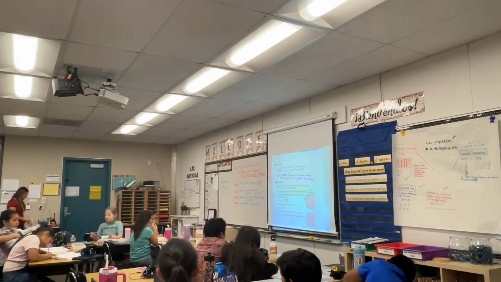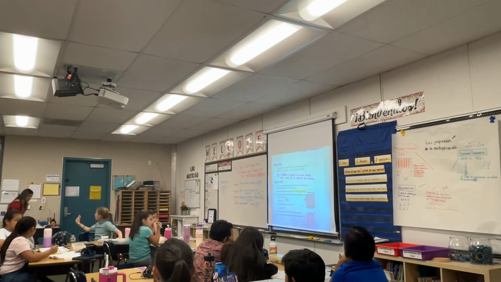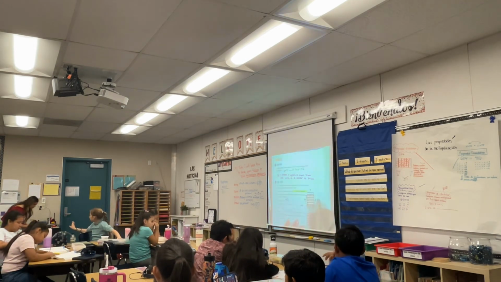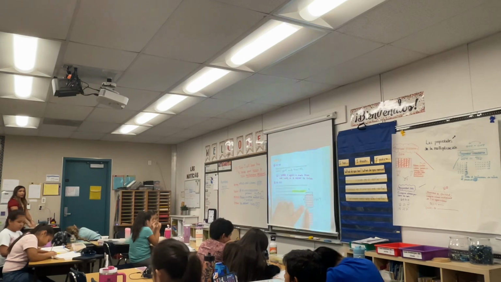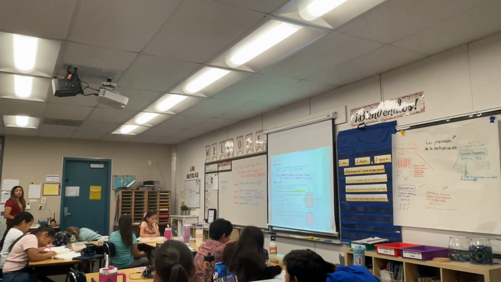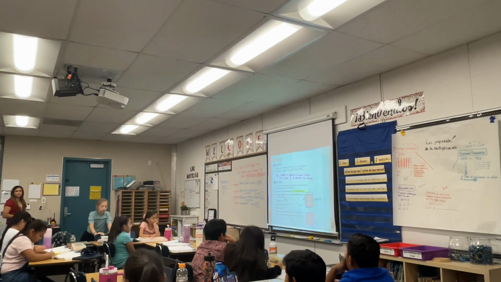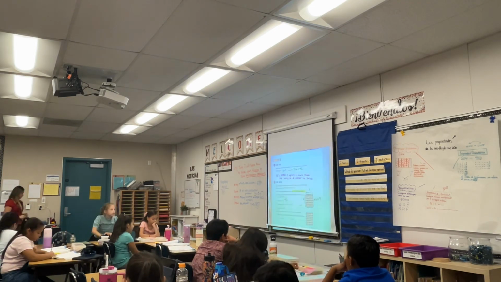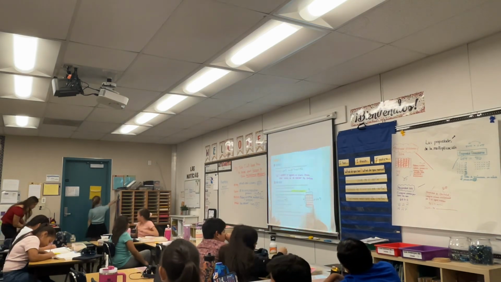So how many more is 7 times 7 than 6 times 7? So right here we have 6 times 7. How many more are in that extra row?